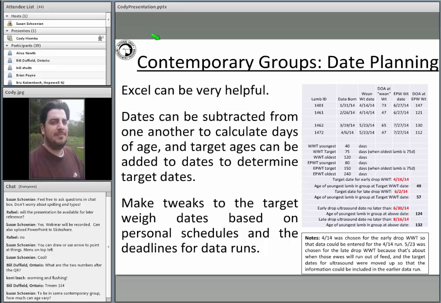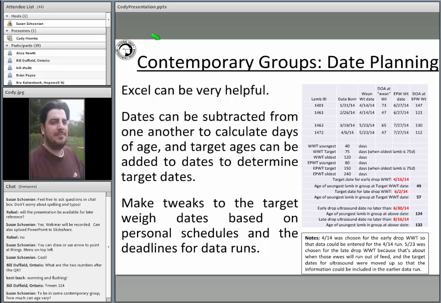So instead of weighing on April 16th, which was the day after the data submission, I weighed on April 14th. April 14th allowed me to collect the data, enter the data into the system, and send it off so that I'm not curious for the next 3 months on what my EBVs were going to be. So I do make some tweaks on that.